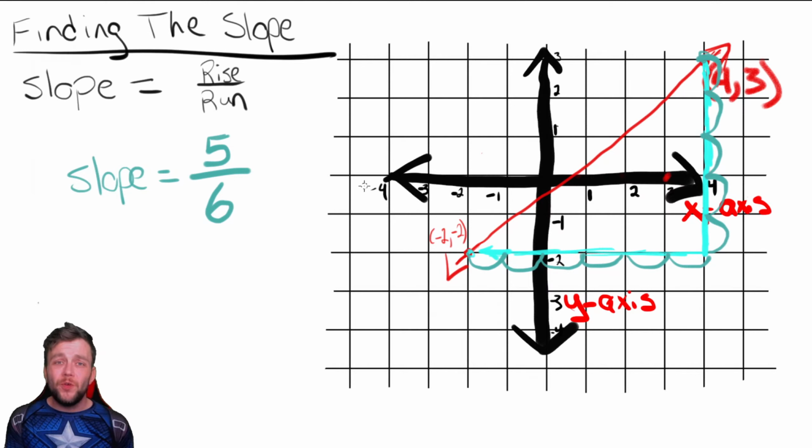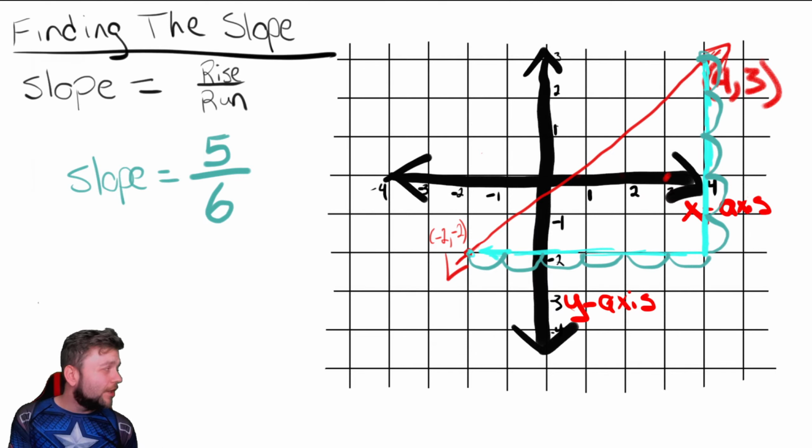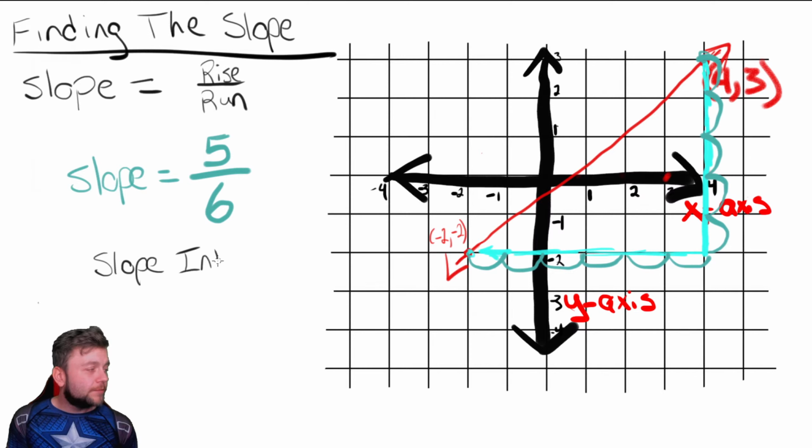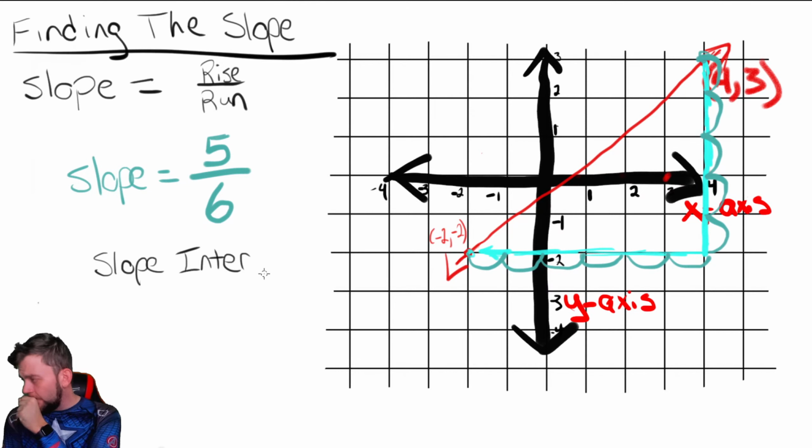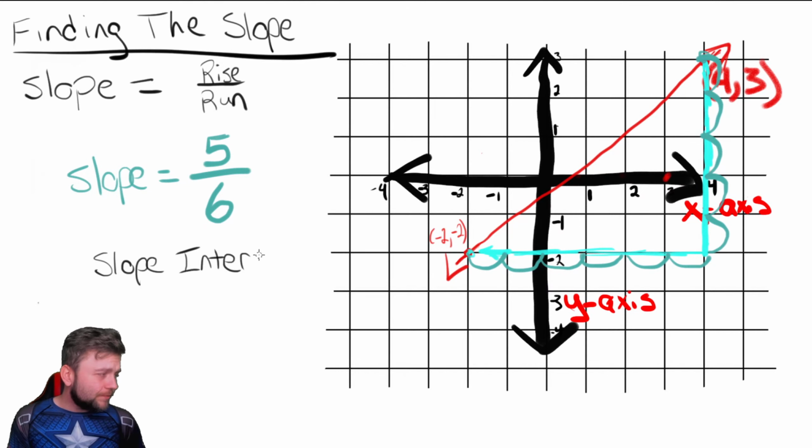Well, let me introduce an equation. And this is a very important equation to have down. It is your slope intercept form of an equation. Slope intercept form.